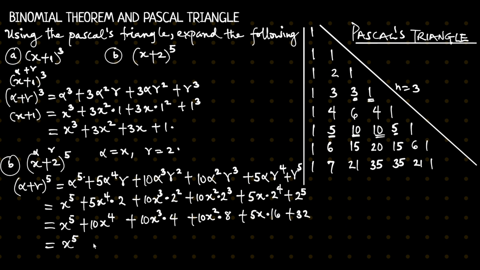So we have x to the power 5 plus 10x to the power 4 plus 40x to the power of 3 plus 80x to the power of 2 plus 80x plus 32.